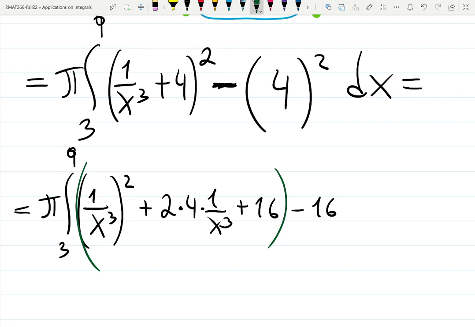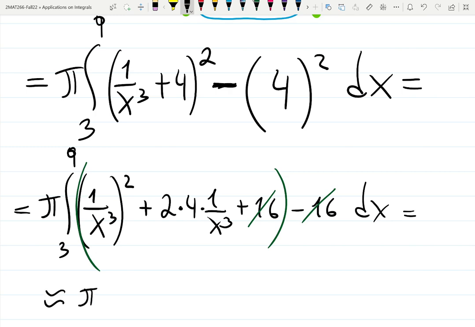That's nice. 16 cancels out. dx. Simplify, integrate. I don't want to spend time on this. It's 1 over x squared. So integrate x to the -5 over -5 plus 8, x to the -2 over -2, multiply by pi. Plug in 9, plug in 3, and you get the answer.